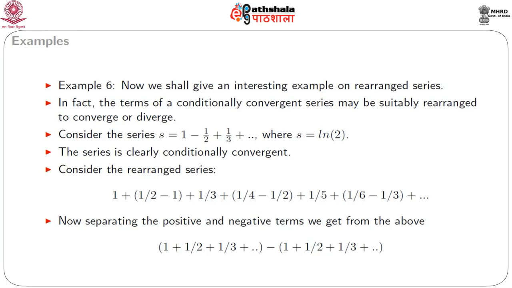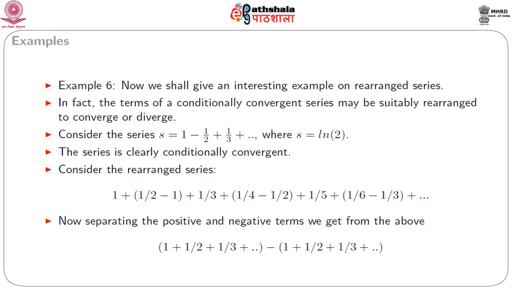Naturally, S is log 2 and the series is seen to be conditionally convergent. Now, consider the rearranged series, that is 1 plus half minus 1, that is we are just replacing minus half by half minus 1, then keeping 1/3 intact and replacing minus 1/4 by 1/4 minus half and so on.